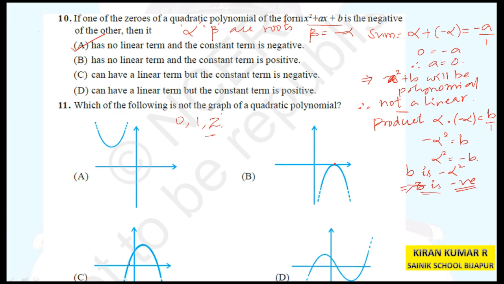In the first, second and third, we have these options: 0 zeros, 1 zero and 2 zeros, whereas in option D we have a curve passing through the x-axis at 3 different points. Therefore, it is not possible for a quadratic polynomial. Therefore, option D is the one which is not a quadratic polynomial.